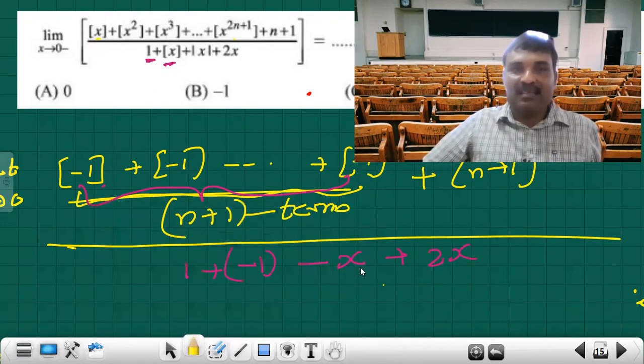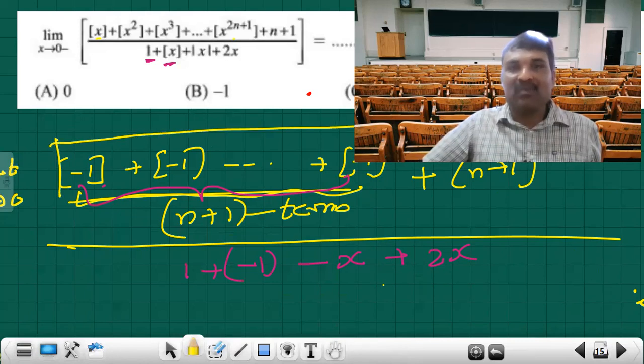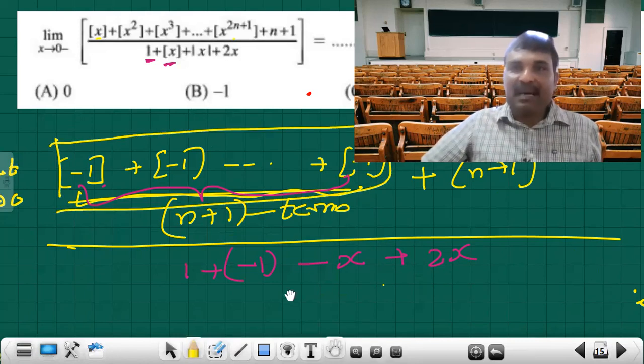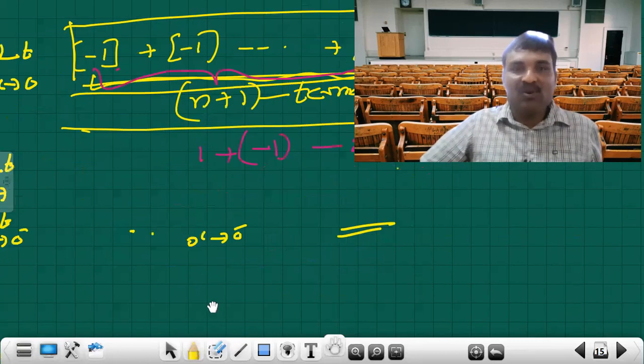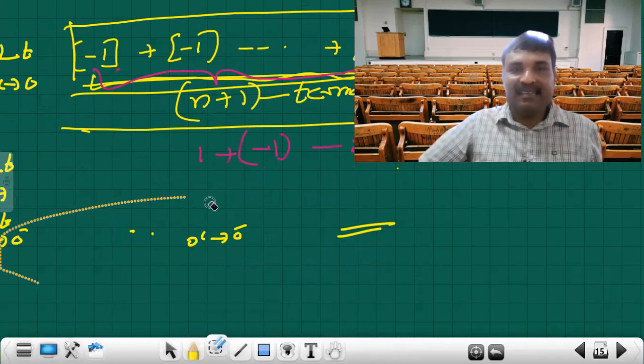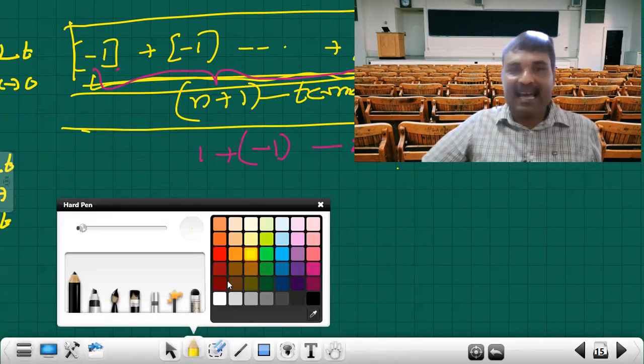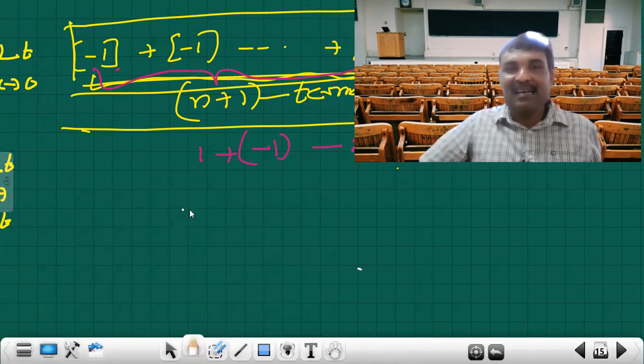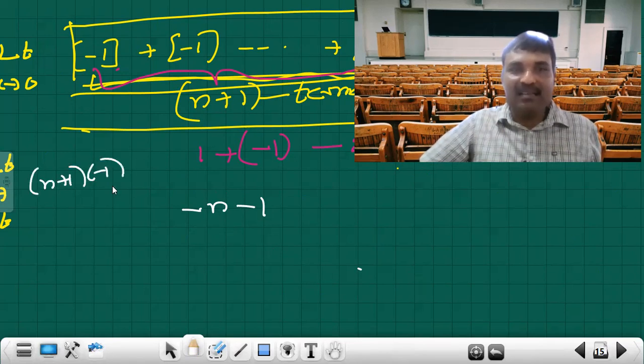Now we can simplify this. How many minus 1 do we have? n plus 1 of them. So we can write the numerator as minus n minus 1, that is n plus 1 into minus 1, plus n plus 1, which is already given in the question.